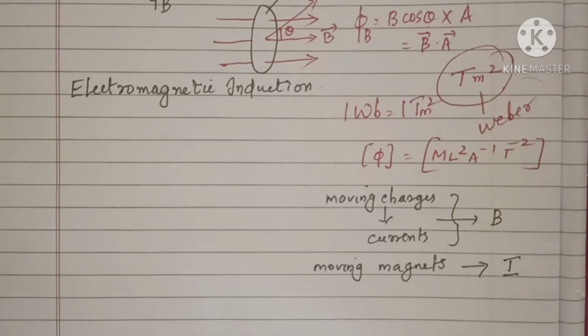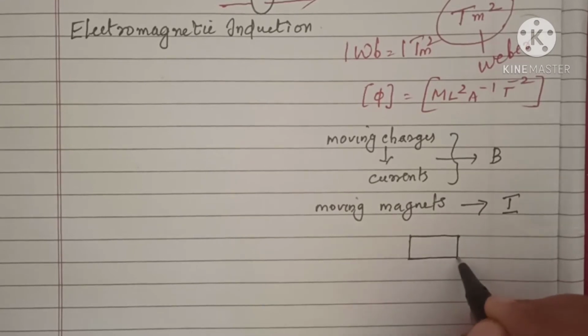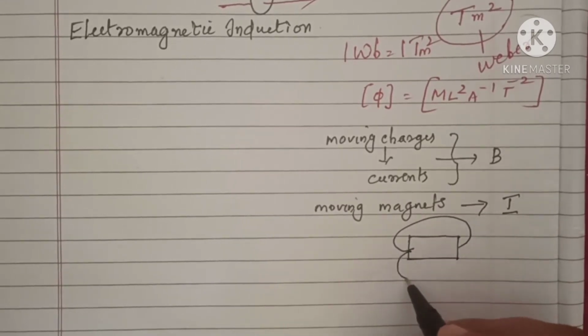Faraday's experiments are also a part of your syllabus. Faraday conducted so many experiments and finally came to this conclusion, and he discovered that currents can be produced in a loop of wire if a magnet is suddenly moved towards the loop or away from the loop. While moving this magnet, what is actually happening? If this is a magnet, it consists of a number of lines of force, isn't it?